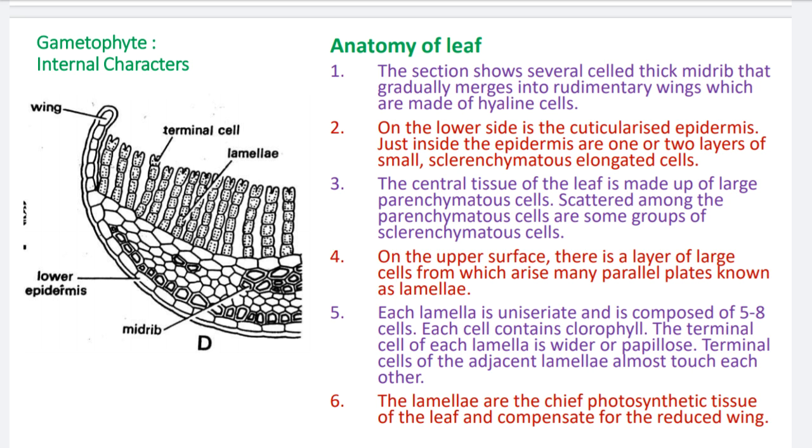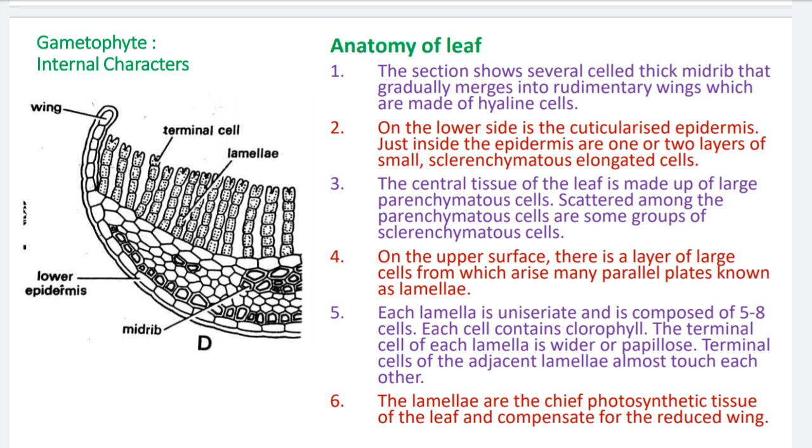Point number 3: the central tissue of the leaf is made up of large parenchymatous cells. Scattered among the parenchymatous cells are some groups of sclerenchymatous cells.